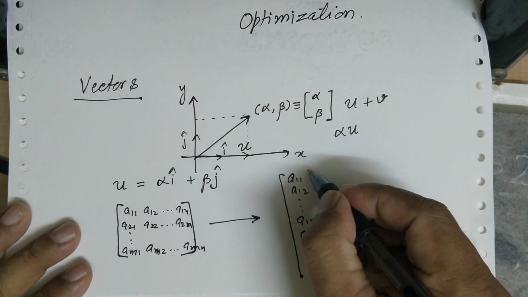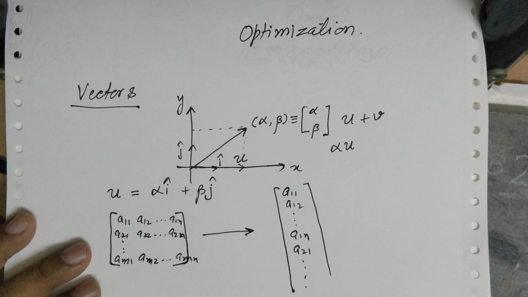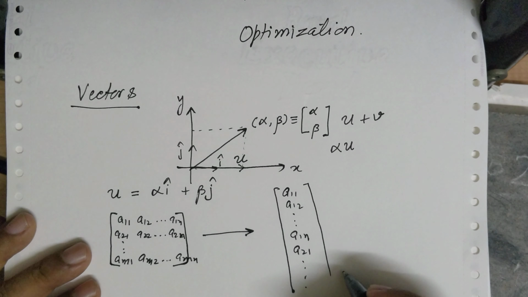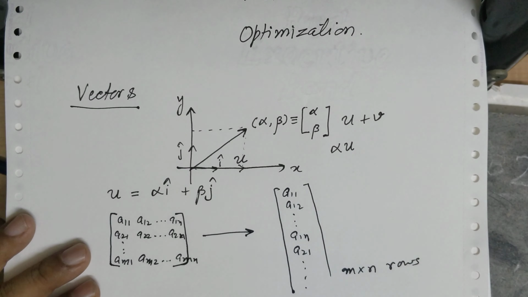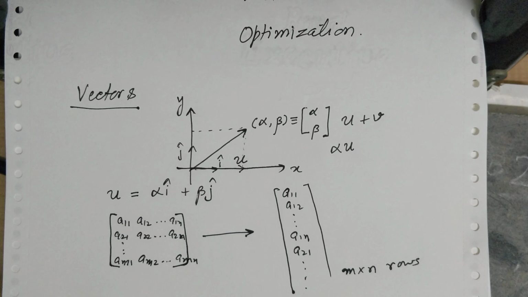In this way you get an array which has how many rows? It will have m into n rows and one column. So for many processing tasks, you can do something like this.